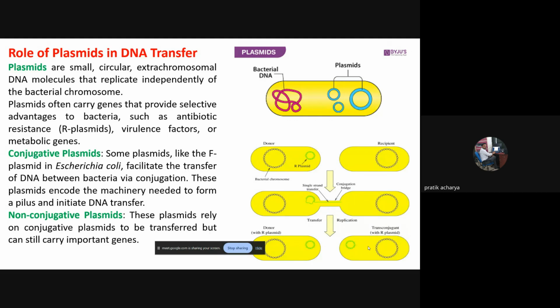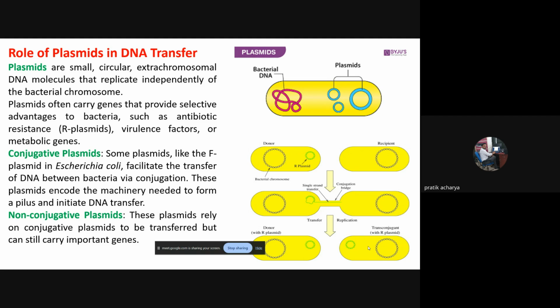Nowadays, in many cases, we use those plasmids as vectors for incorporating certain essential genetic information into other cells. Okay. Here conjugative plasmids are there. Some plasmids like the F plasmid in Escherichia coli, we have already discussed the F plasmid.